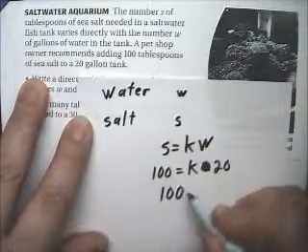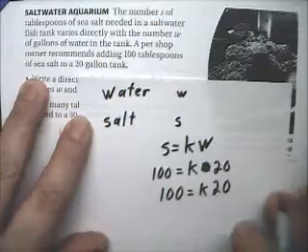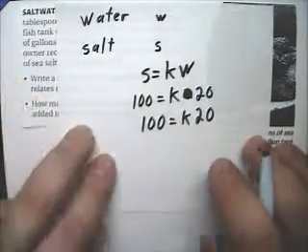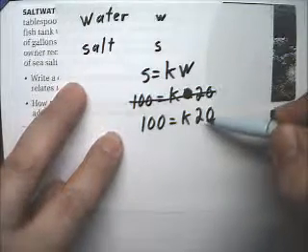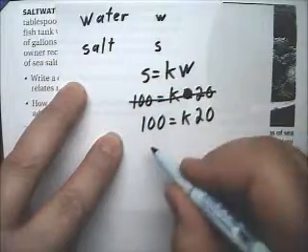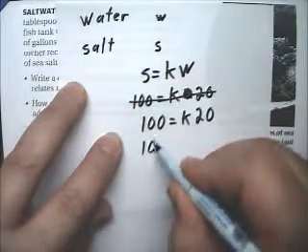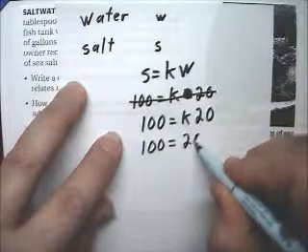So we have 100 is equal to K times 20. Now we've solved a lot of equations like this, and K times 20, that's the same thing as 20K. That makes it look more like things that we're used to.